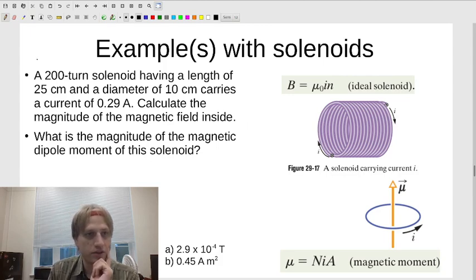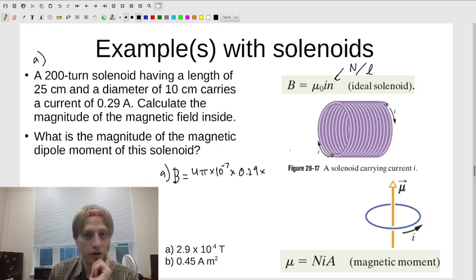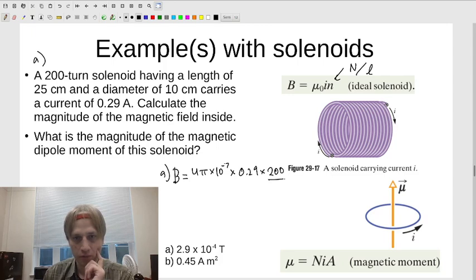For part A, we just apply our equation as 4 pi times 10 to the minus 7th, that's mu naught in good units, times 0.29 amps, that's I in good units, times n, which is the number of turns per unit length, so it's 200 turns per unit length of 25 centimeters. I'd have to put that in meters, 0.25, and this would give me a magnetic field in Tesla. So that's where I got that number.